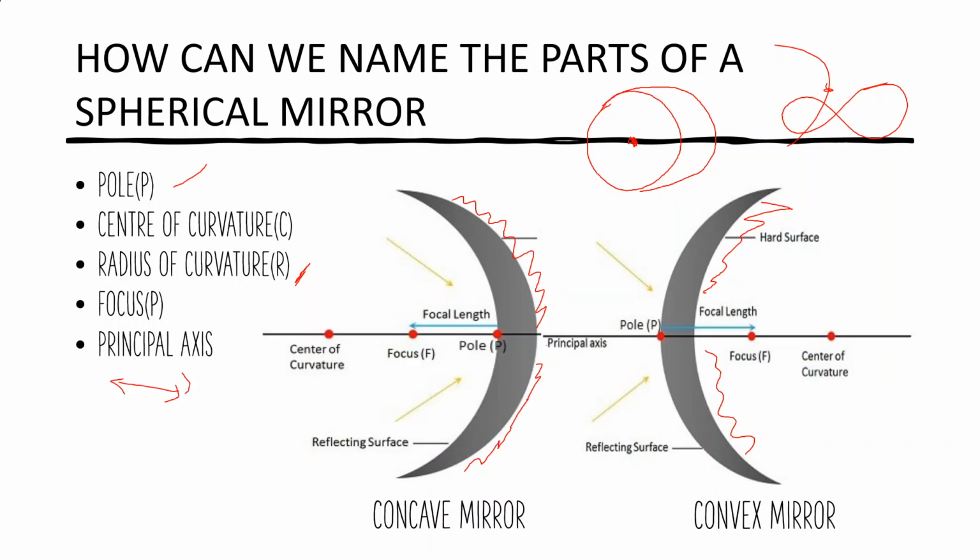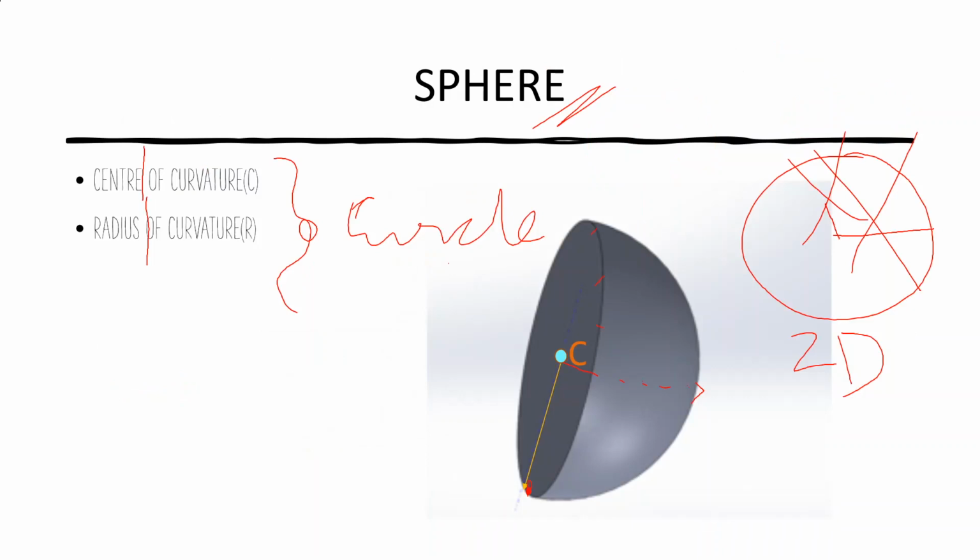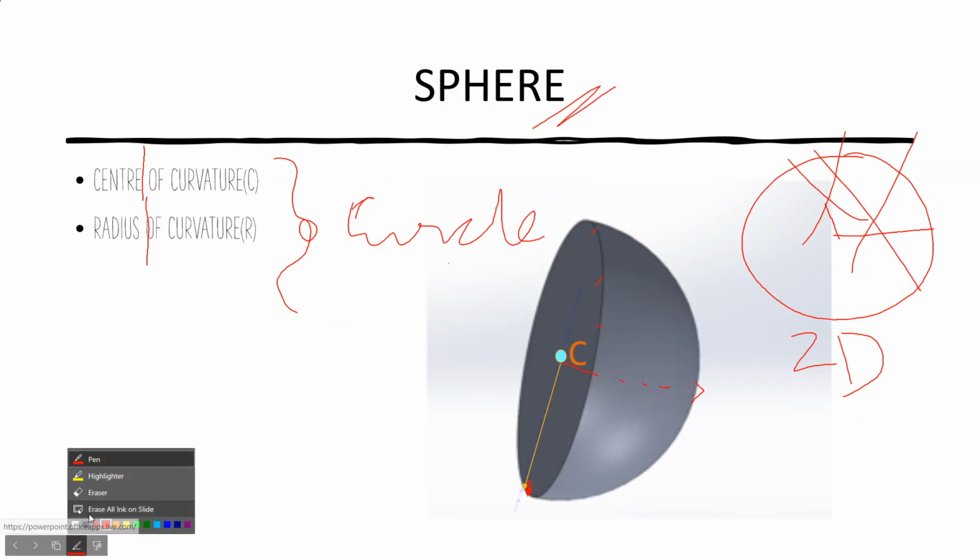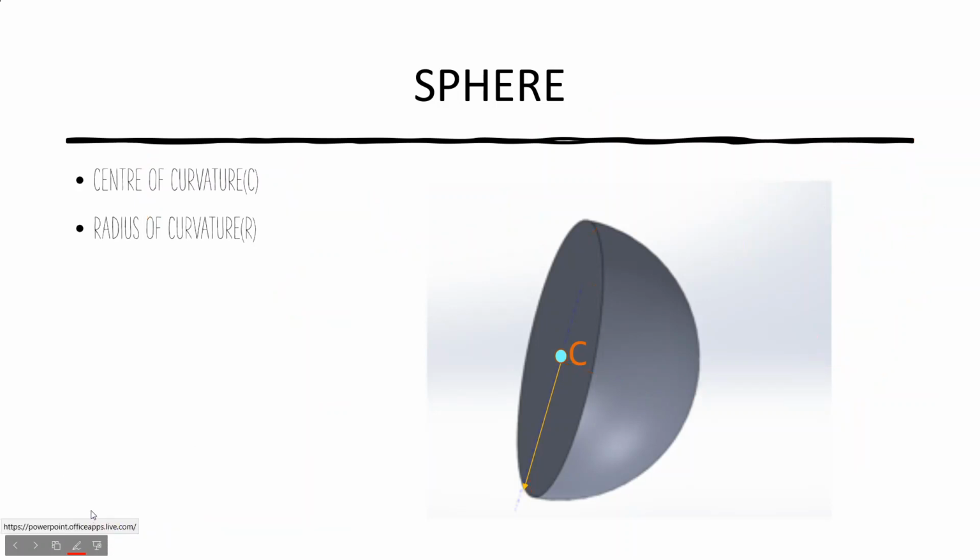Next, I told you that these mirrors are parts of a sphere. I showed you a sphere also. This is a sphere you can see here. And in this sphere, there is a point located in the center of the sphere. This point.